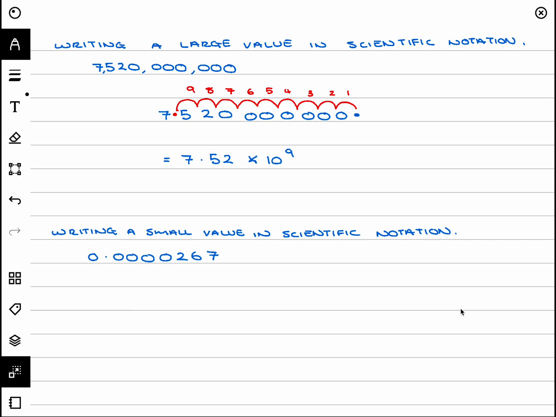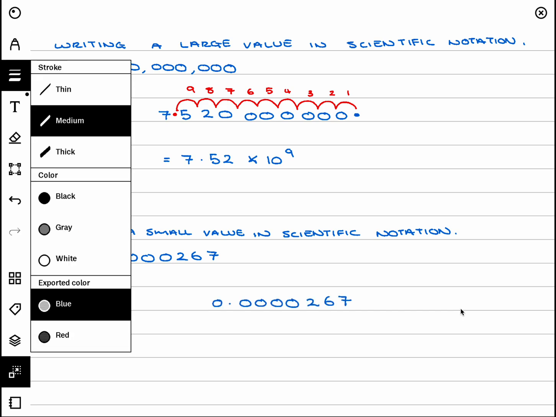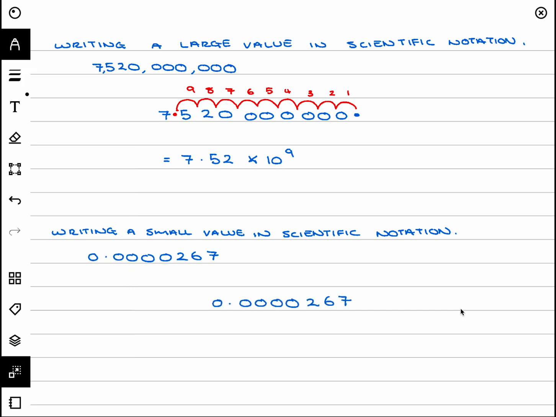If I talk about a very small value, okay, so I have here 0.0000267. I again want to move my decimal point, but this time I'm going to move it to my left. And I'm going to move it in front of the first non-zero digit.